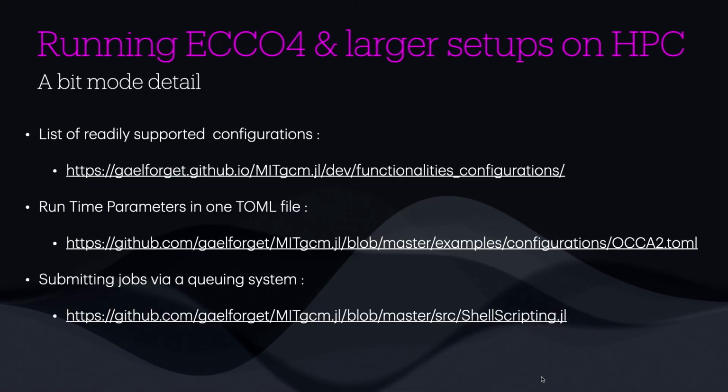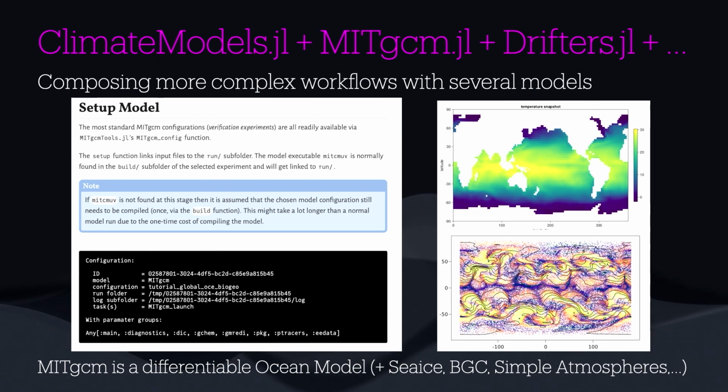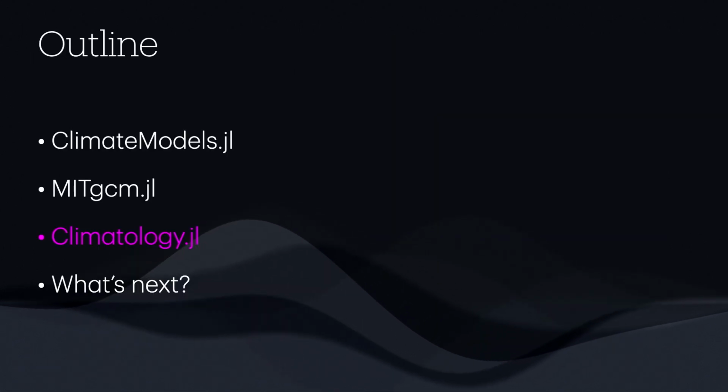And so that's how you don't have to interact with that either. I'm going to skip over. The composability of this, I've already talked about. Here is an example where we run MITgcm in an atmospheric configuration, and then on top of that, after that, we run a particle tracking simulation.